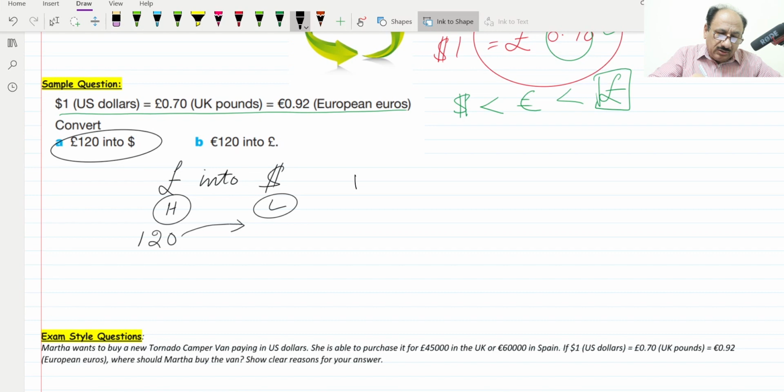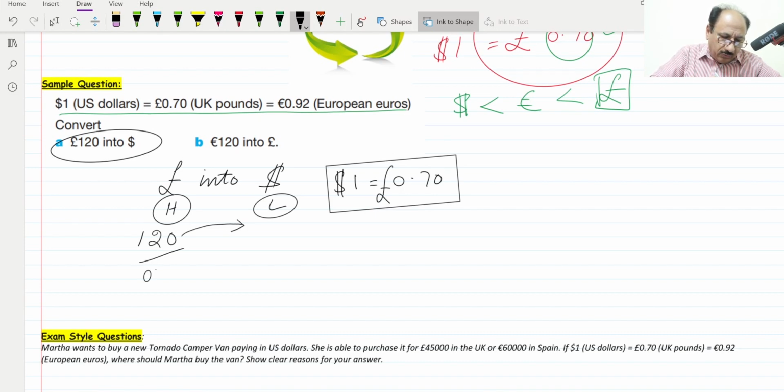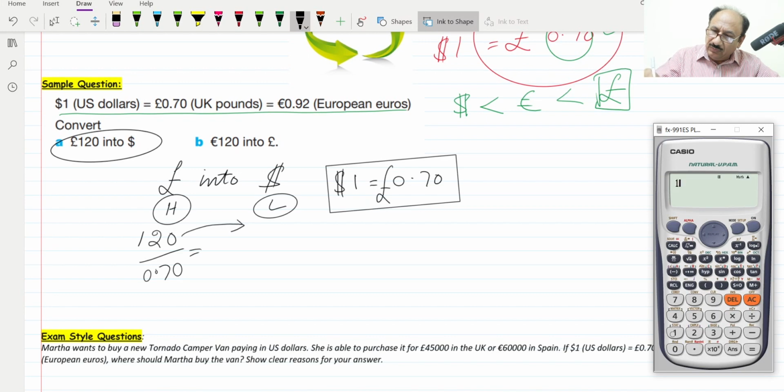So $1, this is the conversion which I am taking from this given question. $1 is equal to 0.70 pound. So now this conversion I will be using over here, and if we divide 120 divided by 0.70, we will get the answer. What will be our answer? We can identify from here.